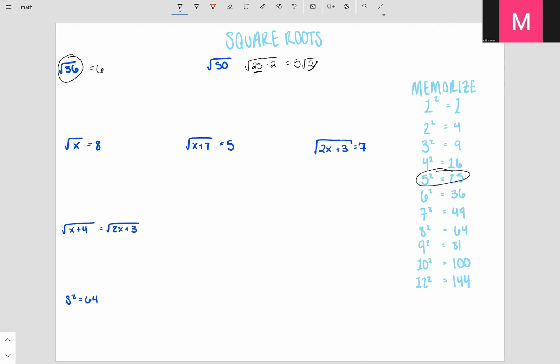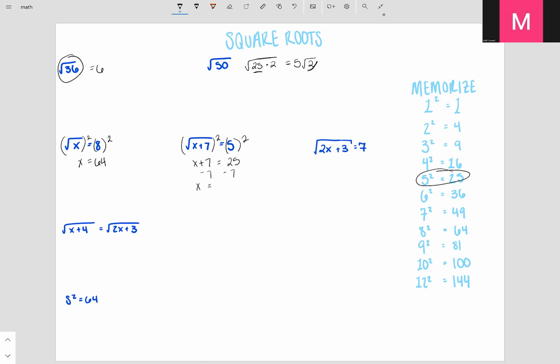But if we want to solve an equation with square roots in it, we can square each side, meaning that x equals 64. And squaring each side of this equation, we have x plus 7 equals 25, minus 7.